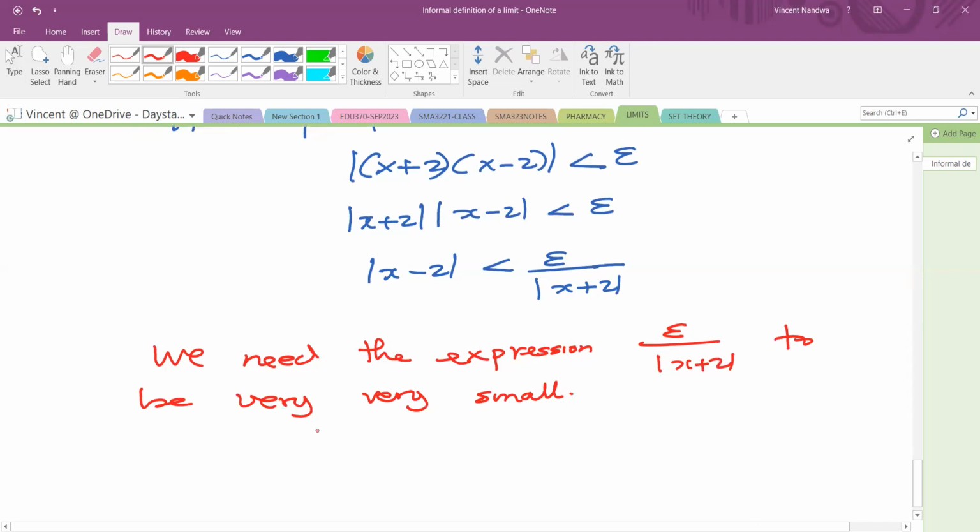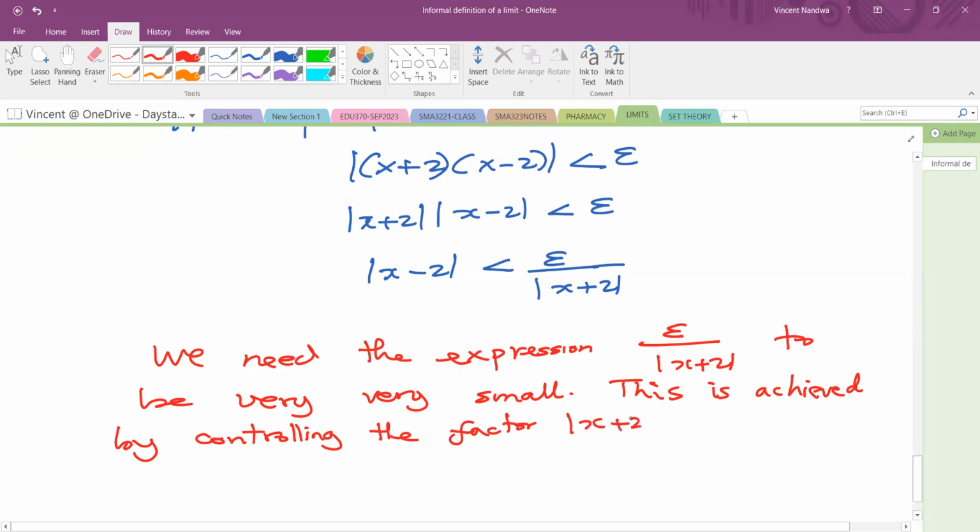And so this is achieved by controlling the factor absolute of x plus 2, so that it makes the fraction small.